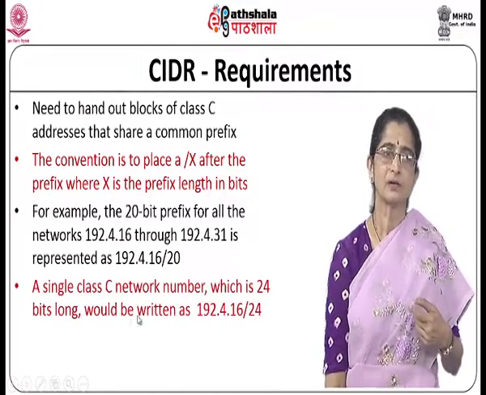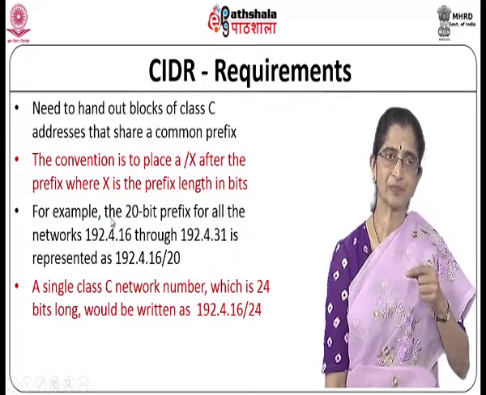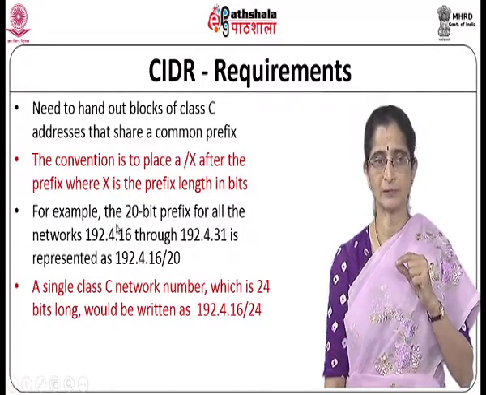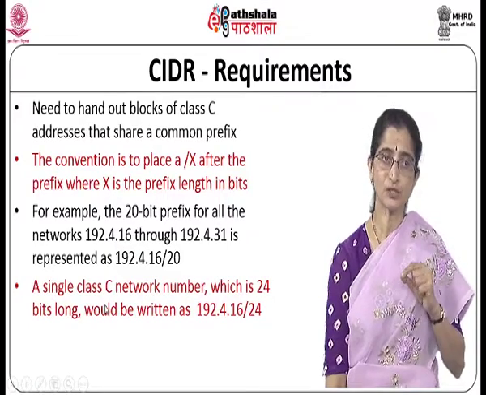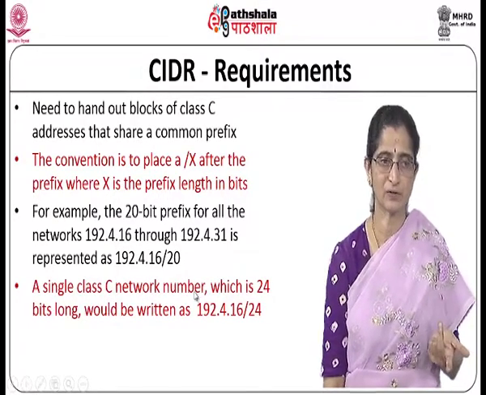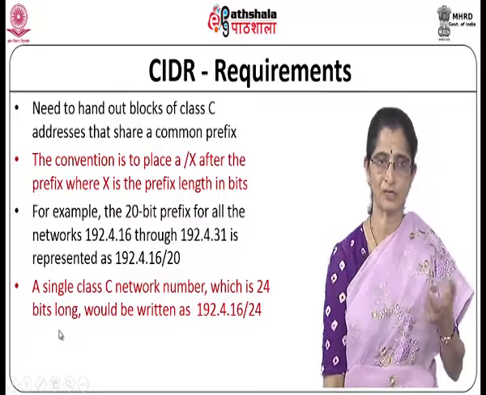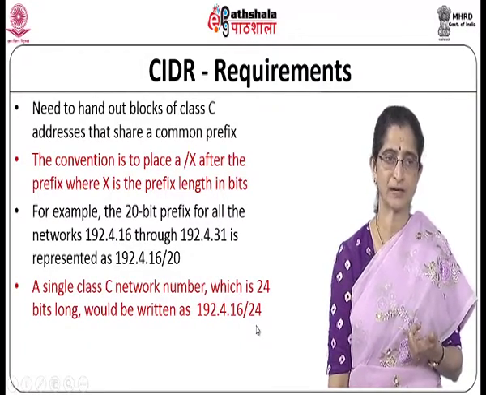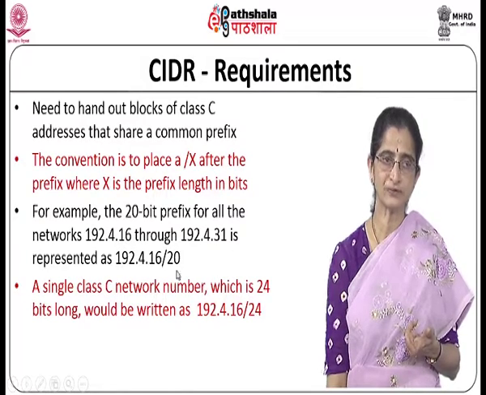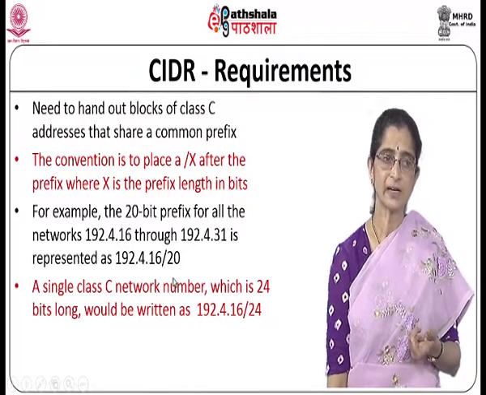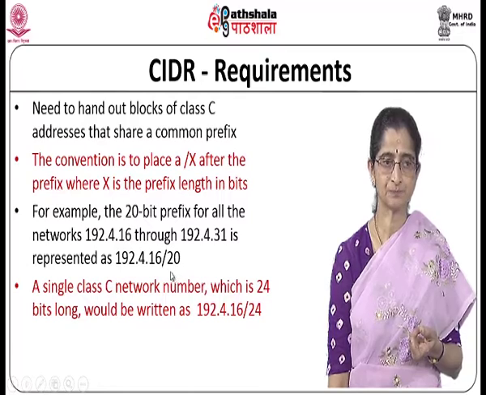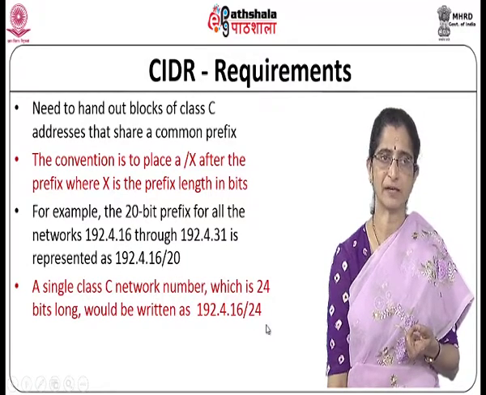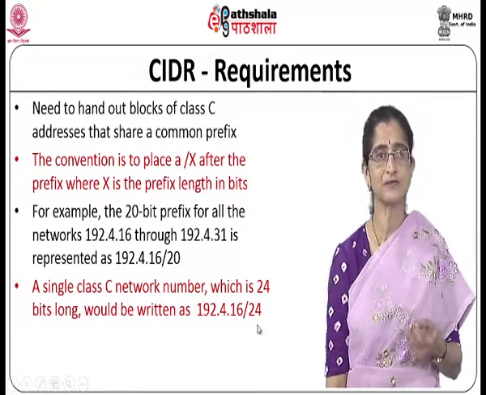Okay. So, in this prefix based addressing mechanism, if you want to specify a normal class C network number, which has a 24 bit long network address, you could write it as 192.4.16/24. So, you can see that these two different numbers, by means of the prefix length being different, actually refer to two different networks.